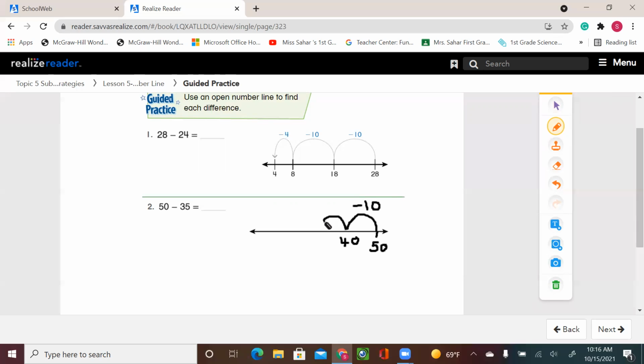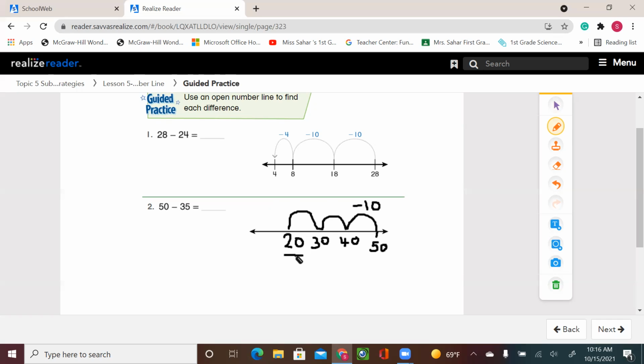And then I'm going to jump one more 10. Land on 30. And then one more 10 because I have to. Very good. Land on 20. So these are the 3 jumps: 1, 2, 3.